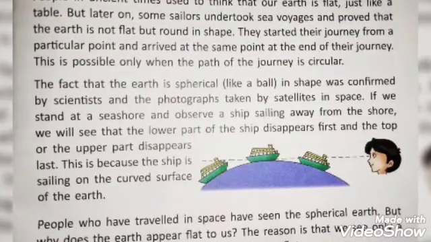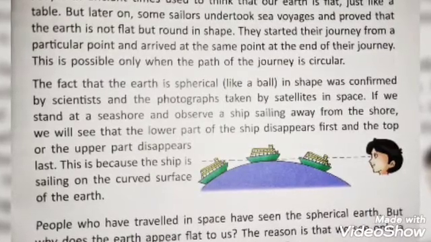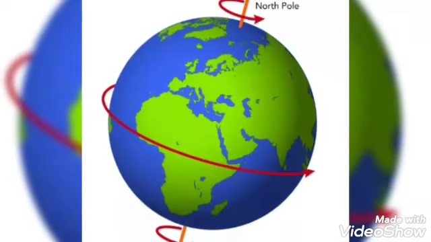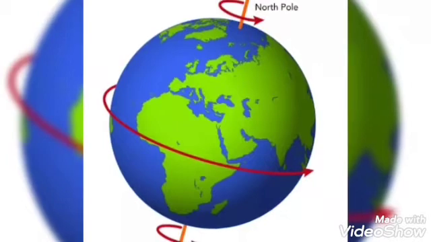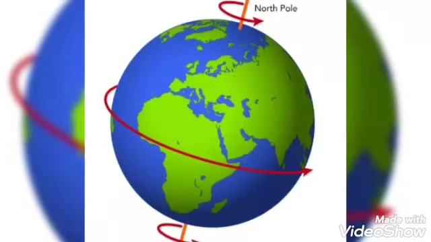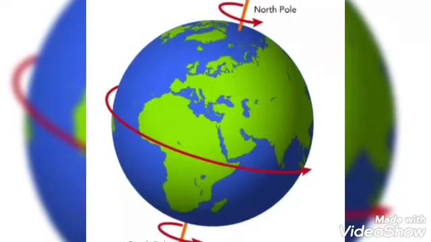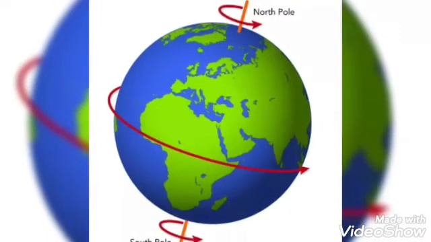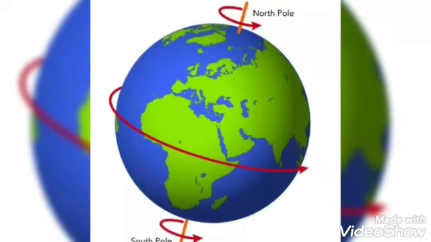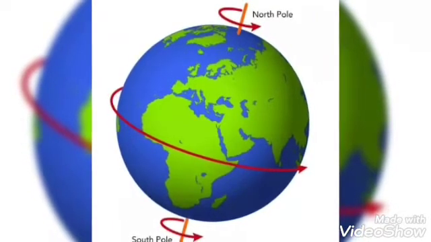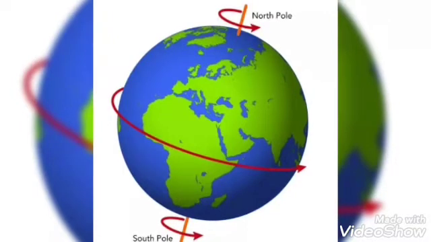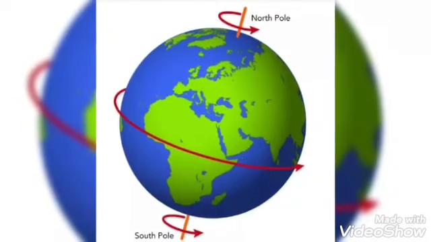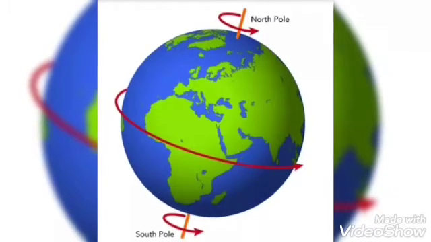It appears to be flat in front of us because we see a very small portion of the earth, and earth is a huge planet. From space, it is a circular shape, which has been proved by the astronauts. But for us, it is a flat surface because only a small portion of the earth is observed by us.